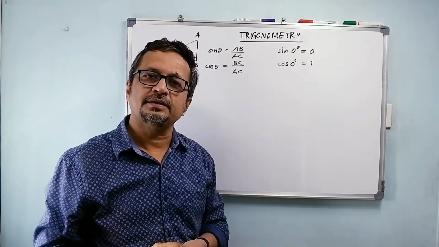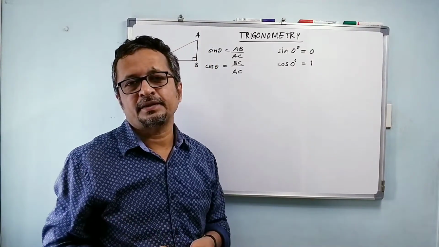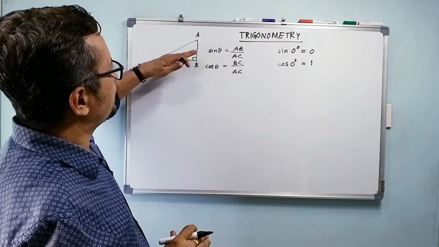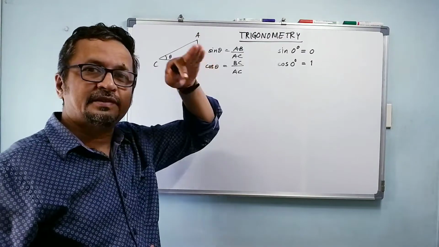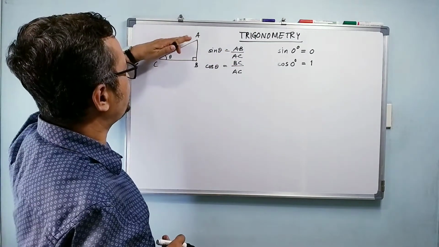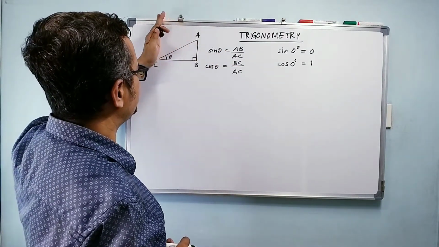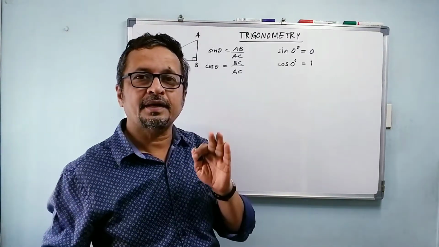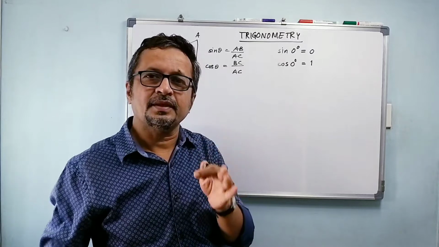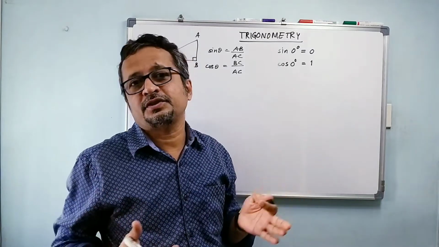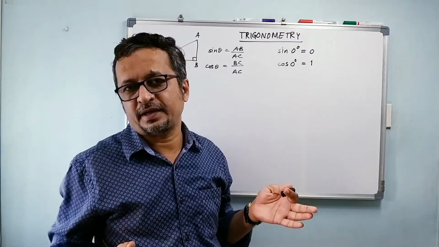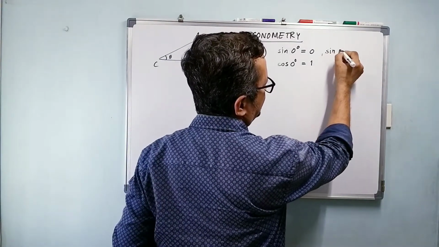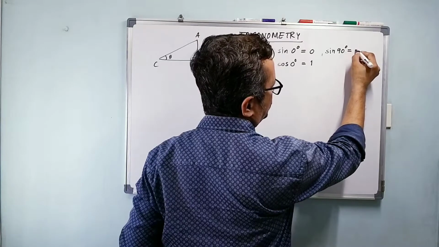So likewise we can think about why my sine of 90 degree is equal to 1. Now here, if my theta becomes 90 degree, that means my hypotenuse moves like this in this direction, and now when my angle theta becomes 90 degree, in that case my hypotenuse is going to become my opposite side, and that is the reason why sine 90 degree is equal to 1.